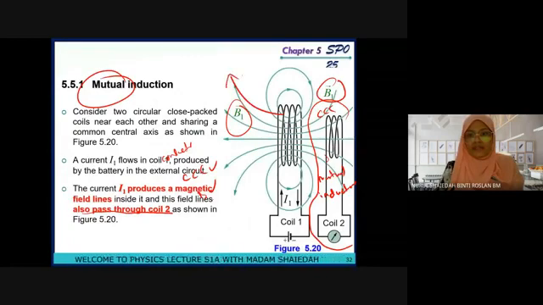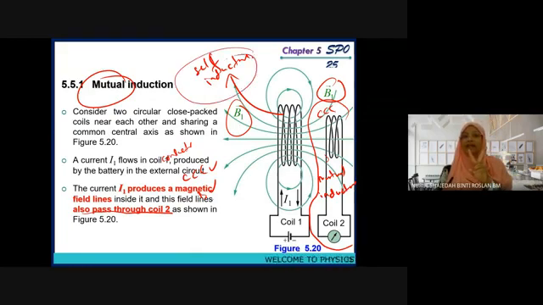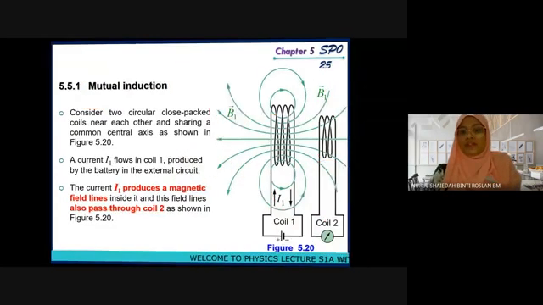Ni, self-inductance happens here. Kenapa self-inductance happen? Because remember back, self-inductance dia jadi kat seorang-seorang. Dia ada bateri, dia on. So bila dia on, B meningkat, dia tak suka, Lenz's law tak suka, so dia akan turun. So kita ada dua inductance happen. One, self-inductance in coil 1, mutual inductance in coil 2.